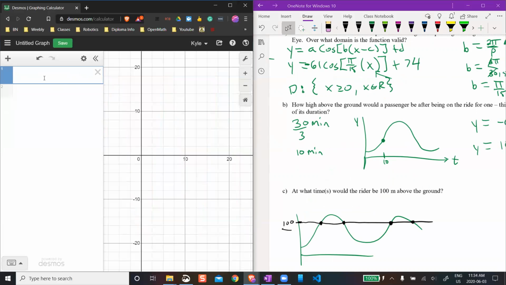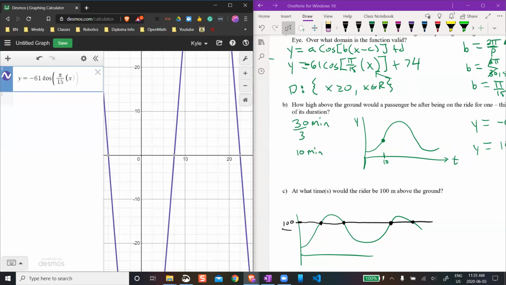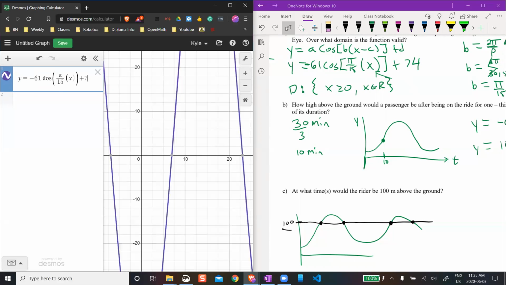So I'm going to type in y equals negative 61 cos of pi over 15, start a bracket, then x. And then we had to add 74, so plus 74.